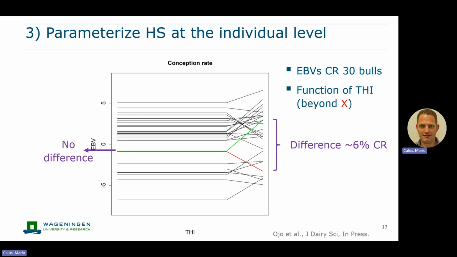Right. And the other thing, I said that we use THI here measured at the day of insemination. Actually, we took the average of a 3-day interval, including 1 day before and 1 day after the day of insemination. But we also tried increasingly longer intervals surrounding it, and we found that the longer you make this interval, the smaller the estimated effect of heat stress.